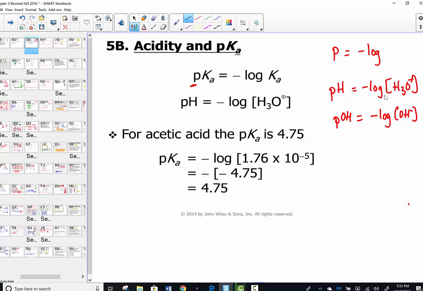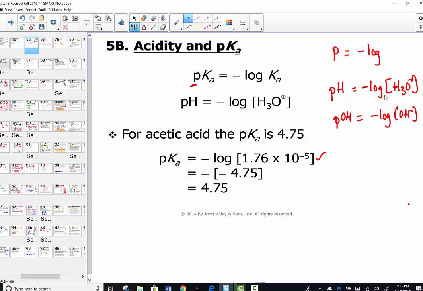You'll see that we did the same for pH. Instead of handling numbers with scientific notation, we came up with a pH scale that ranges about 0 to 14. P stands for negative log. So just a moment ago, we mentioned that acetic acid has a Ka constant of 1.76 times 10 to the negative fifth. There's no units on a Ka.